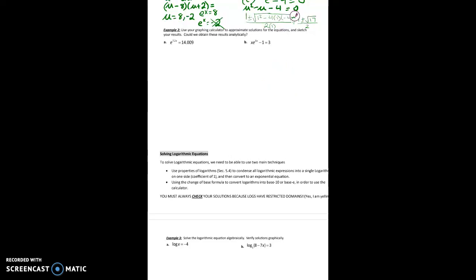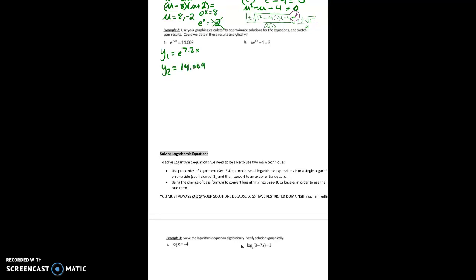So in example 2, we are going to solve using our graphing calculator to approximate the solutions. So the way that you are going to do this is you are going to put y1 equals e to the 7.2x and y2 equals 14.009.